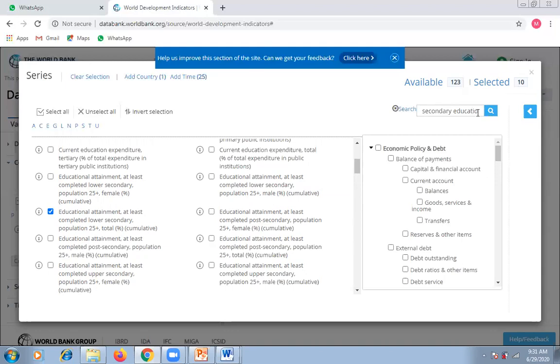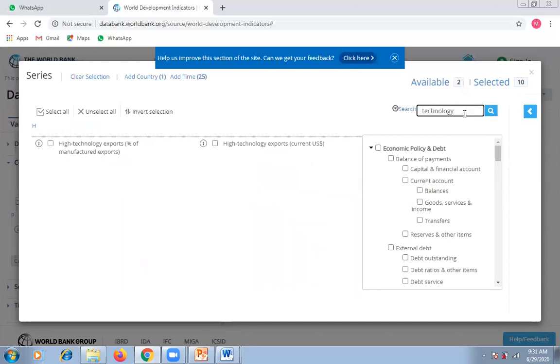Now we are going to technology. Higher technology exports.